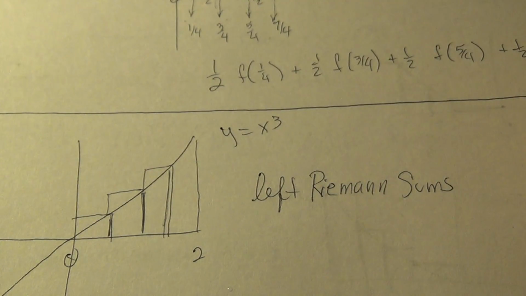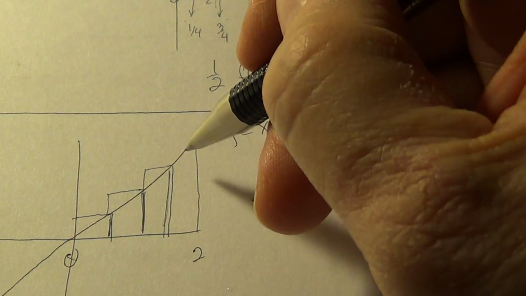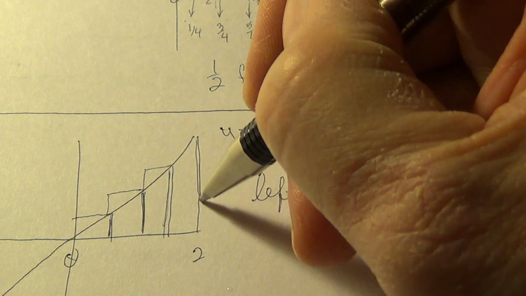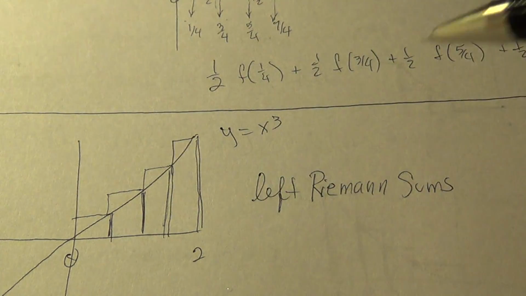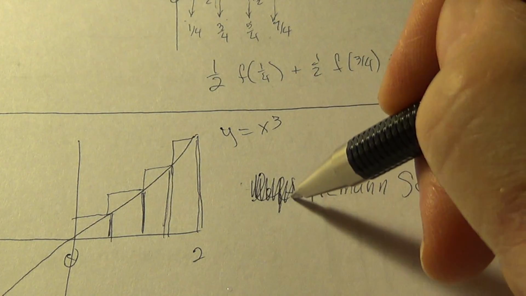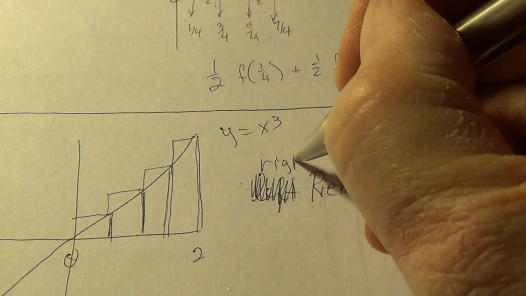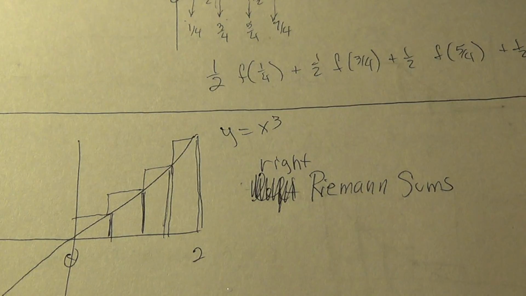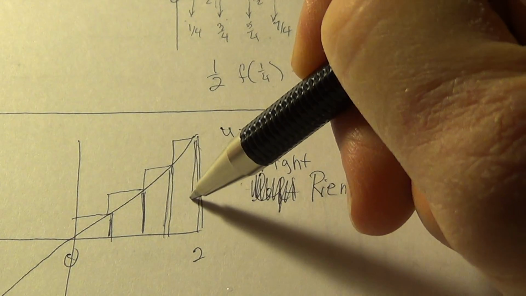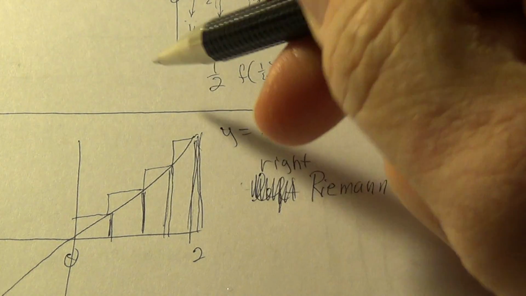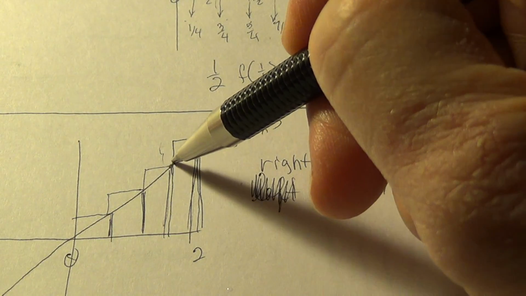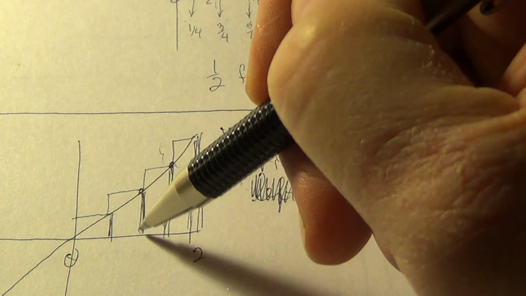Oops, so I went and drew right. Okay, that's not too smart. All right, let me call this right Riemann sums, so I don't have to erase. All right, so this is the right side.